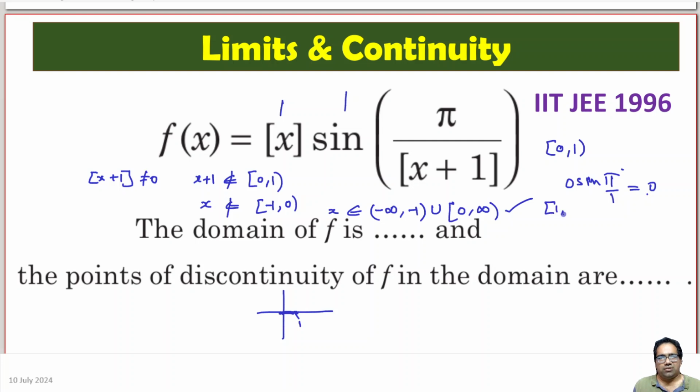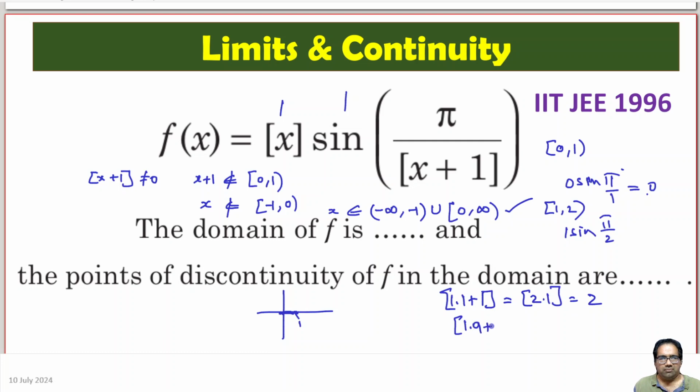Now let us check for 1 to 2. What will happen? Between 1 to 2, x can be 1, and x can be 1.1, x can be 1.7, whatever. Greatest integer function of x plus 1, with x as 1.1, 1.1 plus 1 is 2.1, greatest integer function of 2.1 is equal to 2.